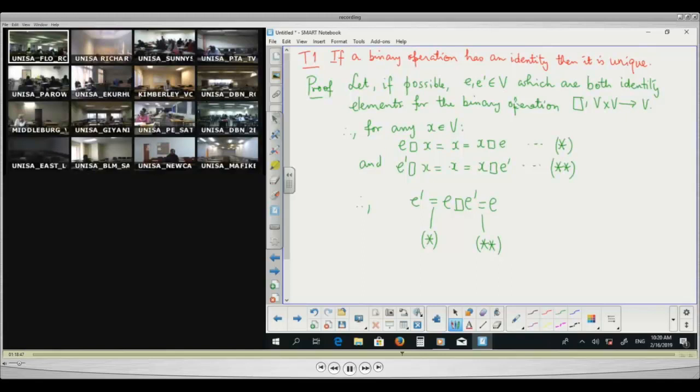Look back into the definition of an identity. It says E shall be an identity when for every x, the equation holds. So since E prime is an identity, double star must hold for every element. You started off with the fact that E and E prime are both identity elements.